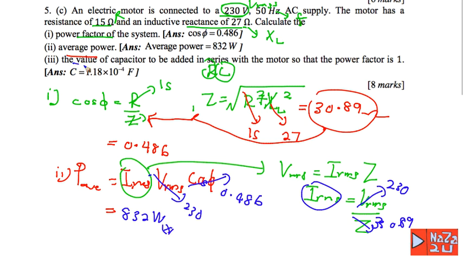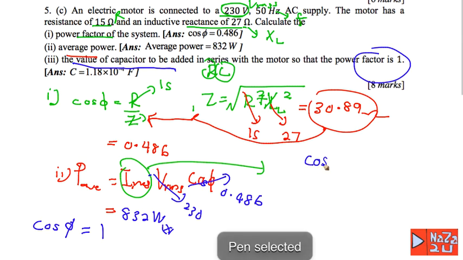And number 3, the value of the capacitor to be added in series with the motor so that the power factor is equal to 1. Power factor equal to 1 means cos phi is equal to 1.